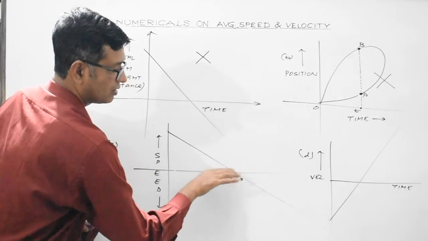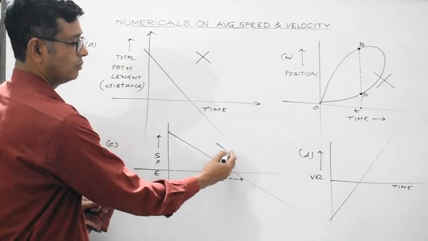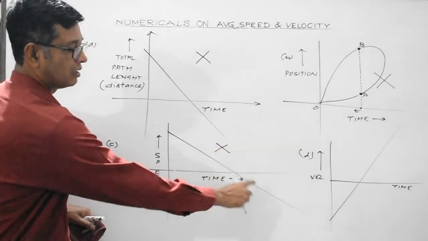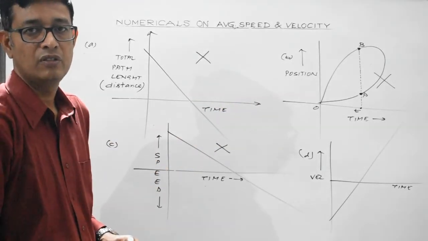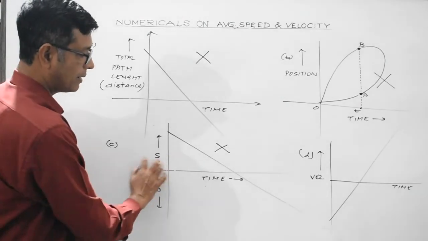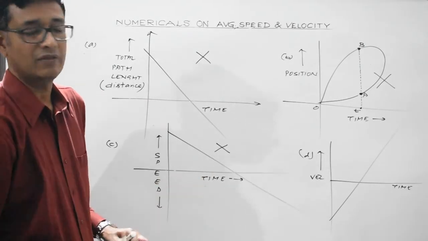So, speed can't be negative. So, it is not possible. In case it was given to be velocity, then the graph would have been applicable or feasible in certain conditions, which again we'll discuss in the later section, right? So, presently, this speed-time graph is not possible because speed can't be negative.